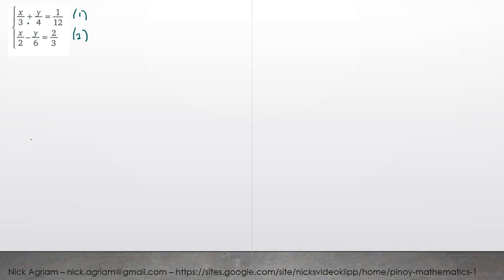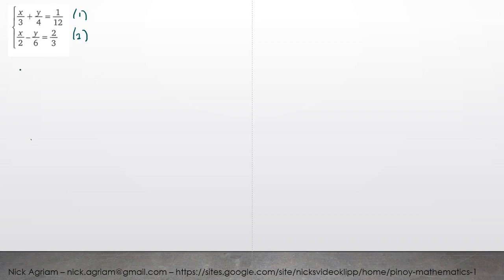So if we're going to eliminate y, then I have to make sure that they are the same, not 1/4, not 1/6. What I can do is multiply this by something to make it 1, and this one to make it 1. Then I'm finished with that.